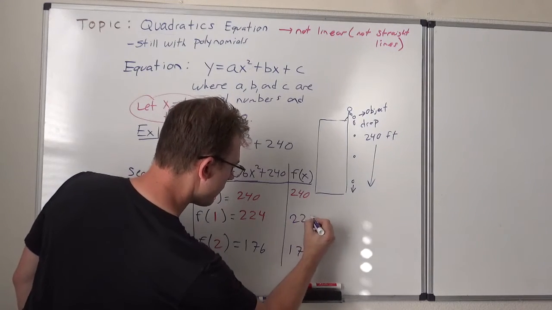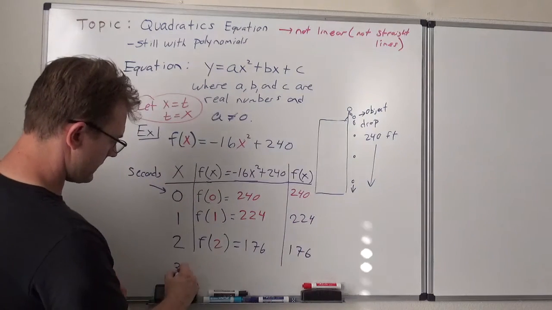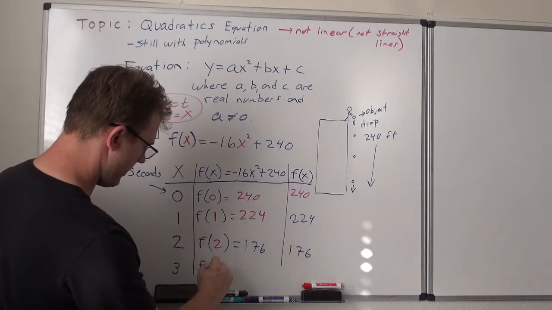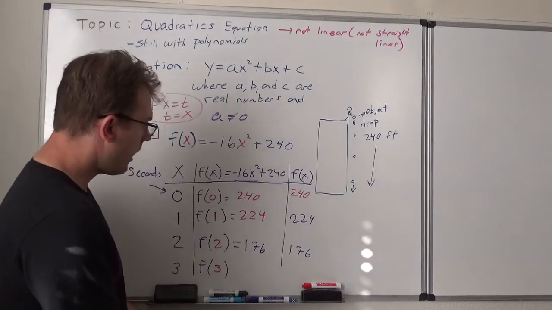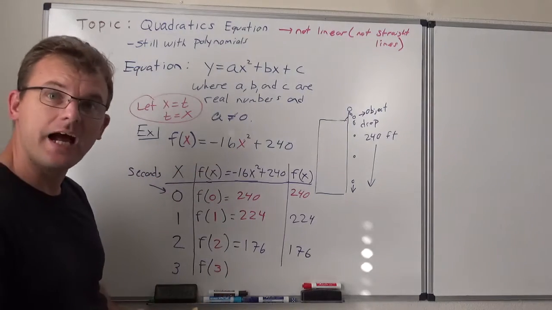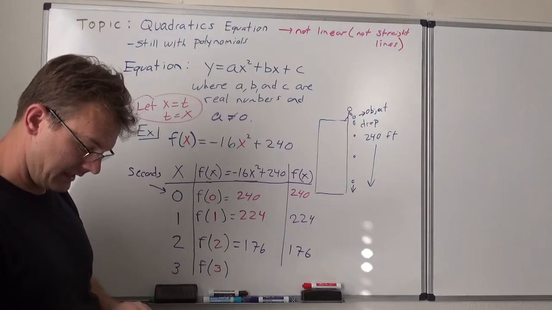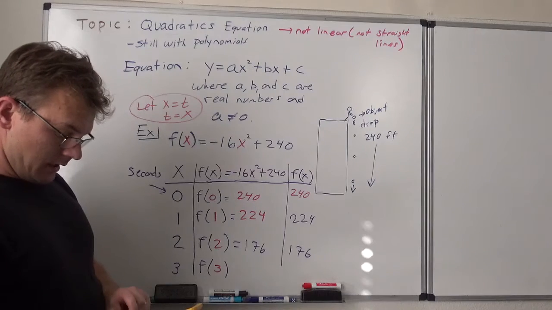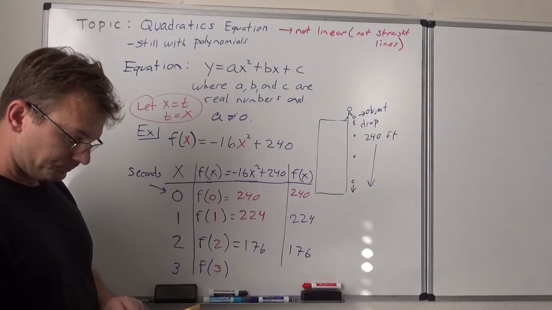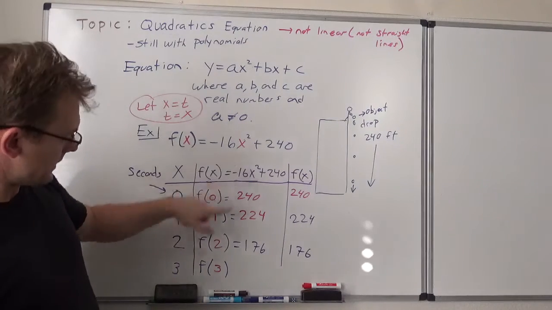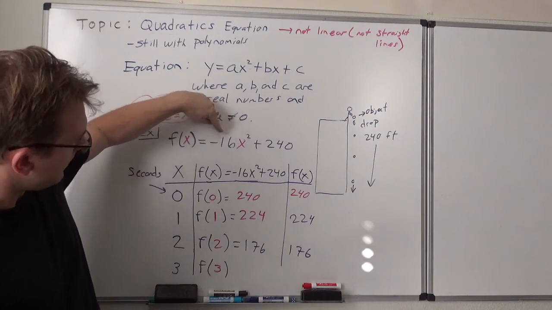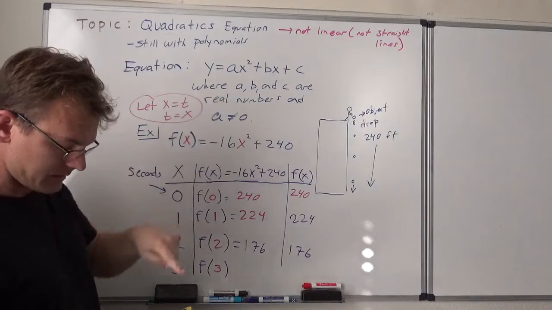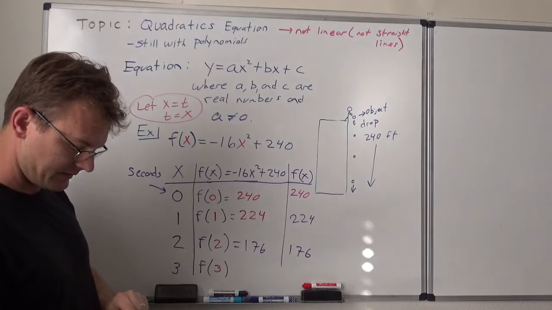And make sure we get our numbers there. Let's plug in 3 seconds. So f of 3. We're going to put 3 in there. That's 9, because 3 squared is 9. And that's going to be negative 16 times 9.